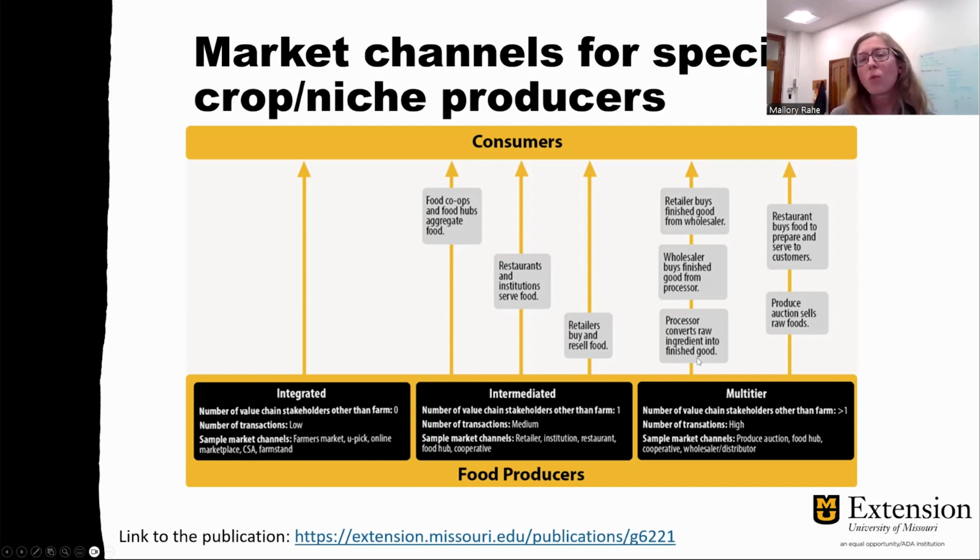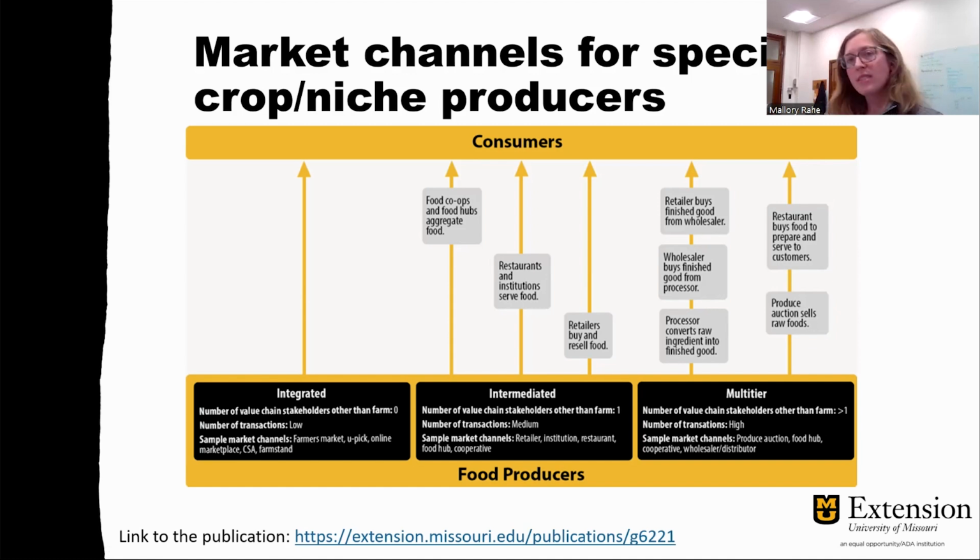And then when it comes to value-added production, which we talk a lot about, and we want you to be very cognizant of how to understand those opportunities and costs. But say you don't want to do that work yourself, then you may sell to a processor who then sells to a wholesaler who then sells to a retailer. And this is how cornflakes get on the shelves at the grocery store, right?